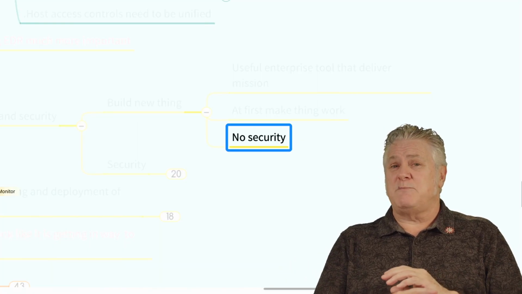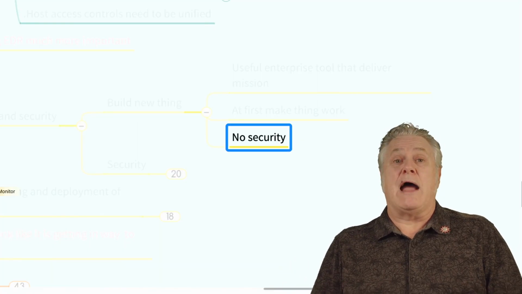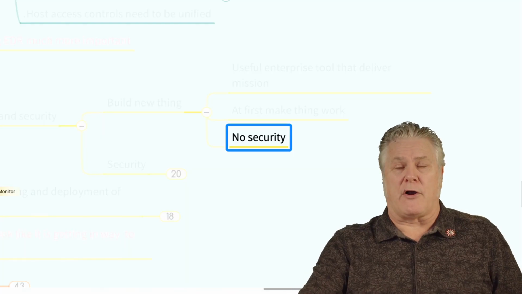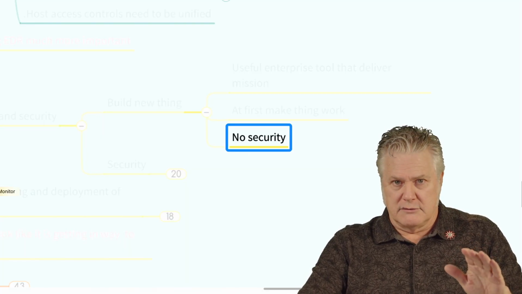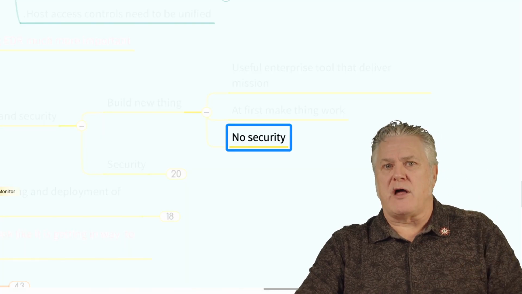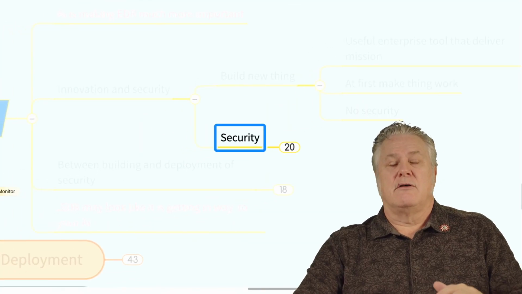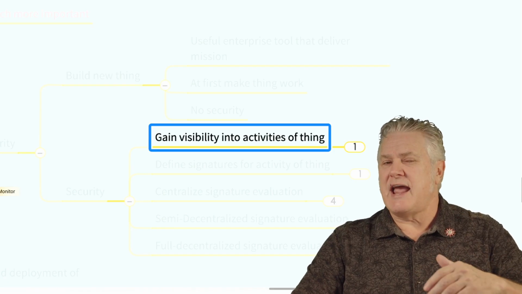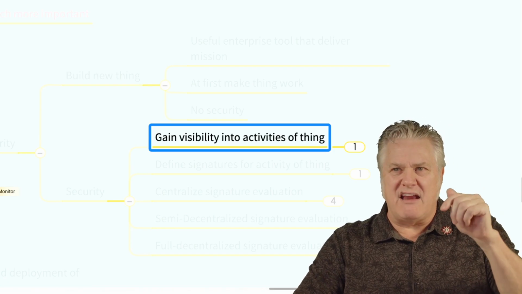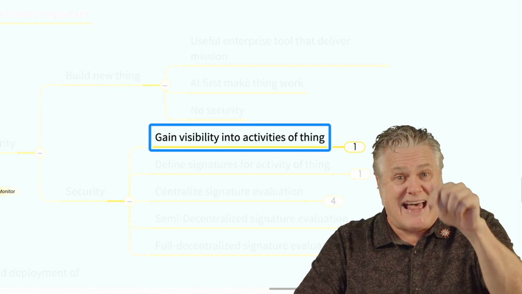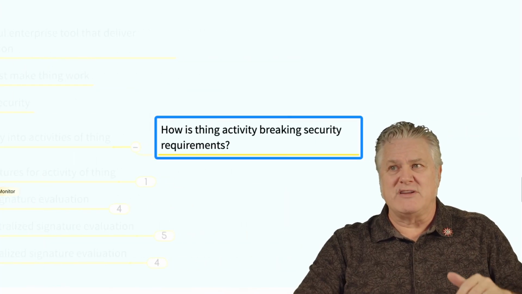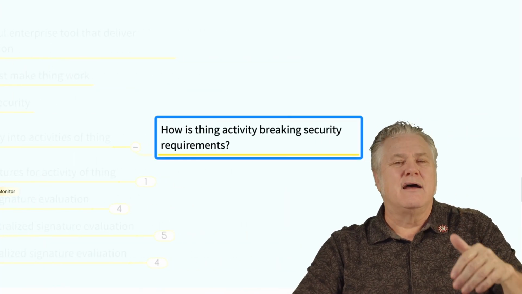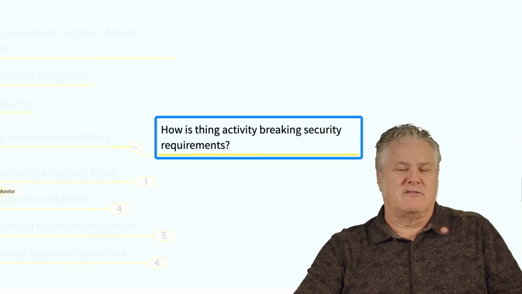Or if you look at MCPs today, they have no security on them. Why? Because we're trying to make them work. Now, that also happens with product innovations. Now, security comes along. And what we say is, hey, look, from an enterprise standpoint, we need to gain visibility into the activities of that thing. How is that thing's activity breaking security requirements?